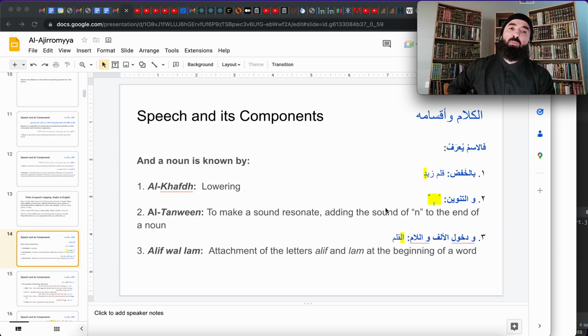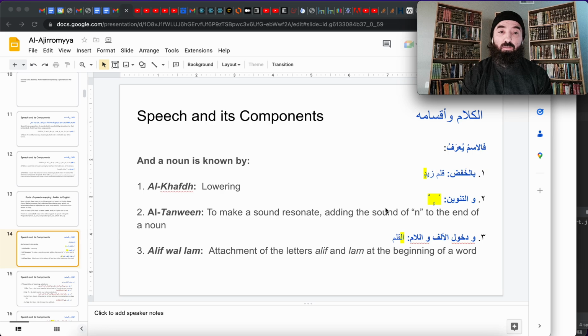So one of the most important things to be able to do when learning a language is being able to differentiate or distinguish between different parts of speech. What is a noun, what is a verb, and what is a particle, right? This is one of the first things that a person should do.